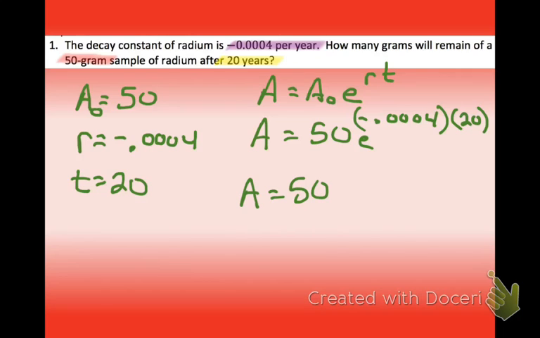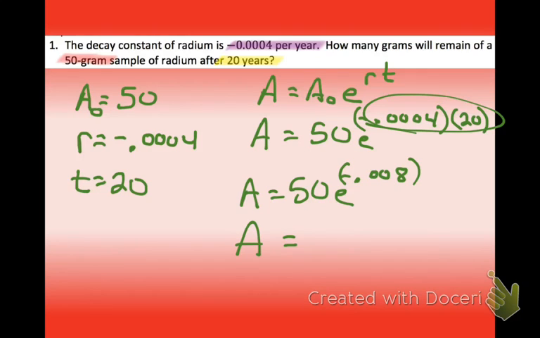So that's 50 e to the, whatever you get when you multiply that out. But when you put the whole thing in, I think that's negative 0.008.